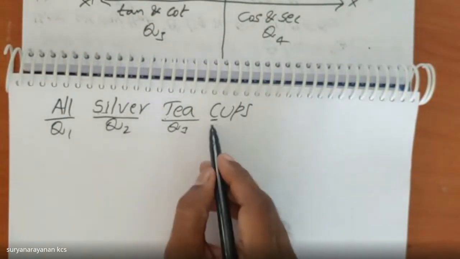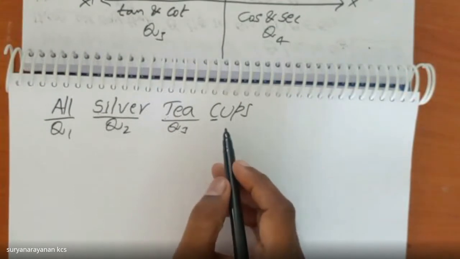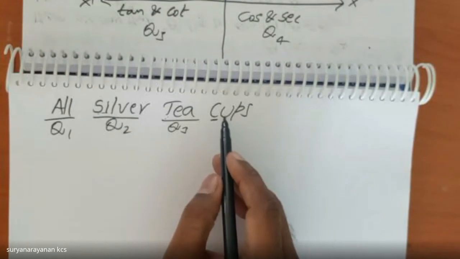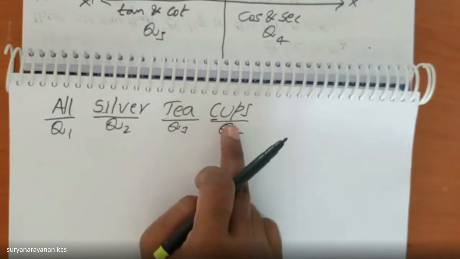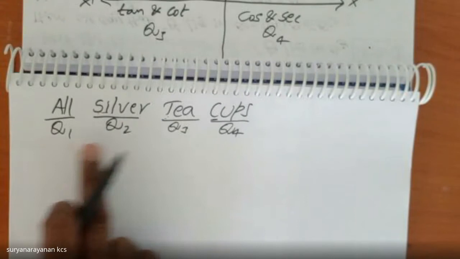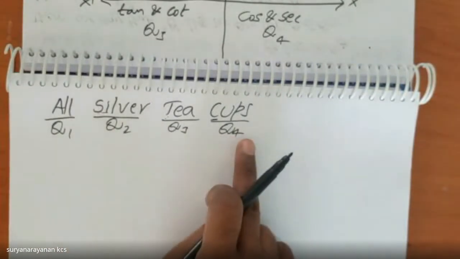And here C means cos. You should not take it as cosecant, okay, cos only. So cos and its reciprocal are positive in the fourth quadrant. First quadrant, second quadrant, third quadrant, fourth quadrant.